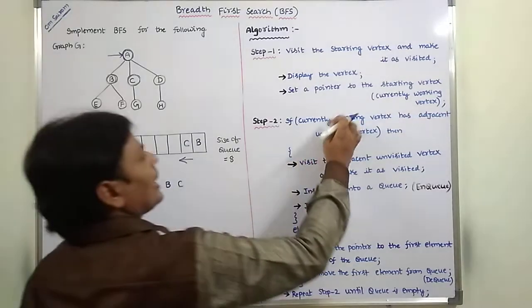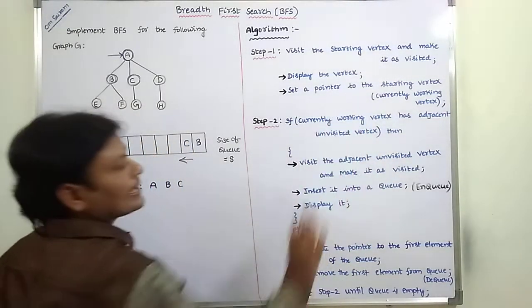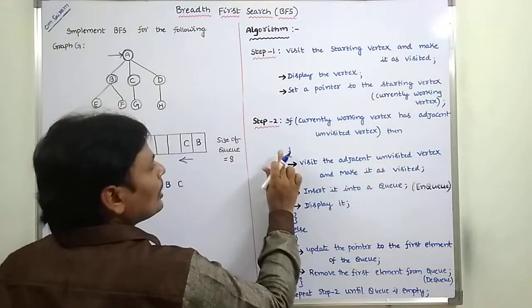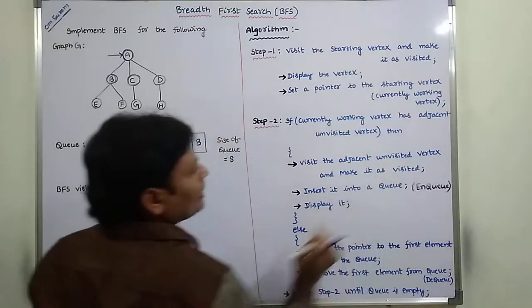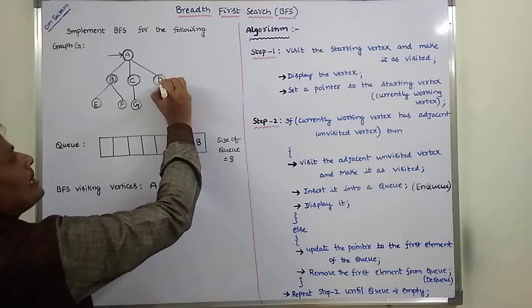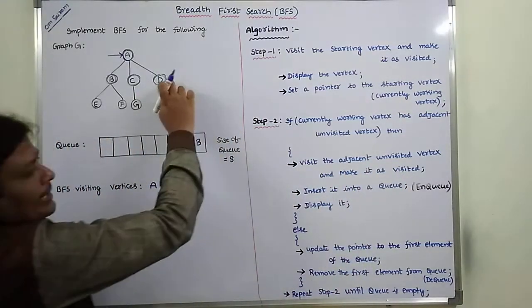Yes, this condition is true. Here capital A has the unvisited vertex capital D. Then go to the if block. Visit the adjacent unvisited vertex, which is D, and mark it as visited.